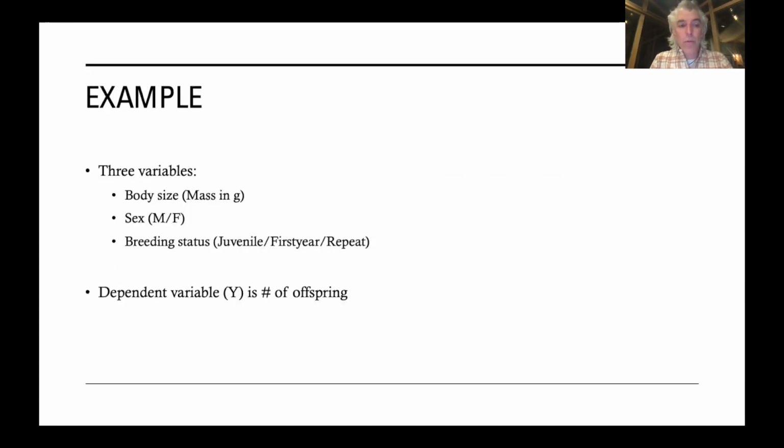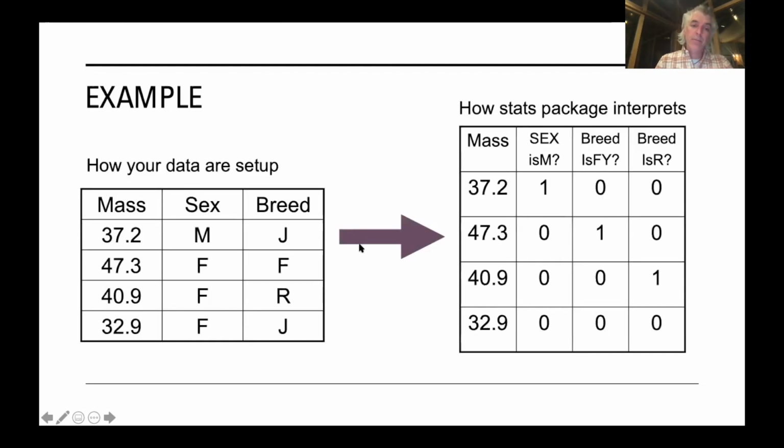So let's work through a hypothetical example, where as a dependent variable, we have the number of offspring produced, and as predictors, we have a continuous predictor of body size measured in grams. We have a categorical predictor with 2 levels, either male or female. And we have a categorical predictor of breeding status with 3 different levels: juvenile, first year, or repeat breeder.